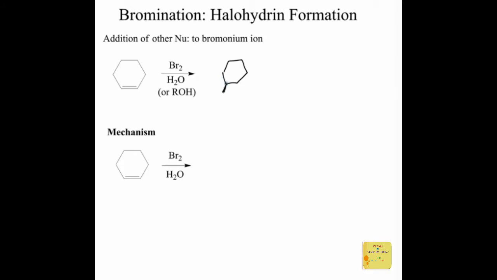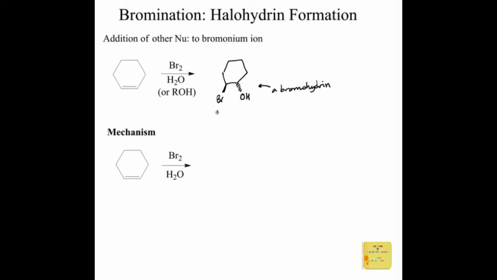And so the 2 groups we end up adding will be a Br and an OH instead of 2 Brs. Okay, this is called a bromohydrin. When you have a Br and an OH, it's called a bromohydrin or halohydrin as a general term.